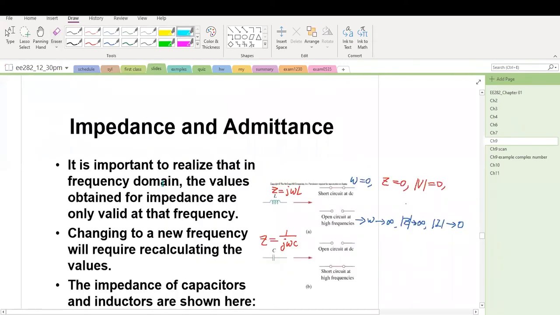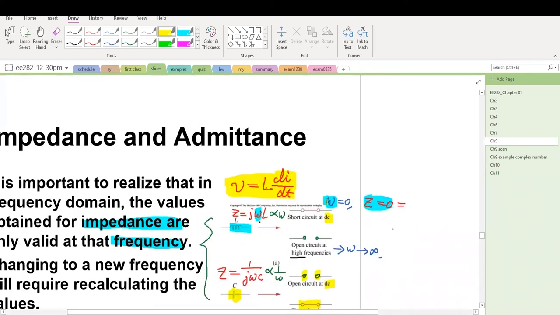It is important to realize that the impedance depends on the value of the frequency. For example, the inductor, the impedance j omega L is a function of omega. Omega is angular frequency. When omega equals 0, that corresponds to the case of DC circuit.